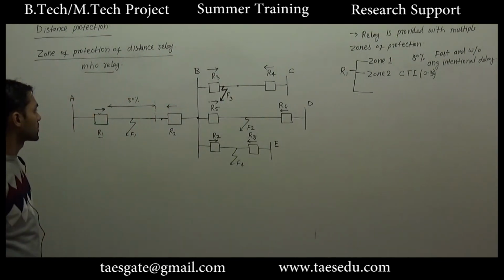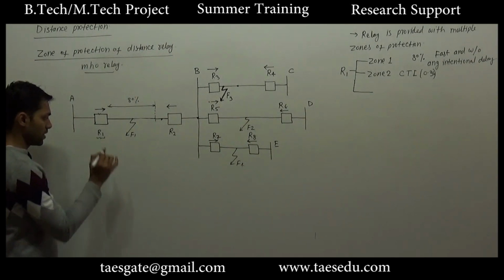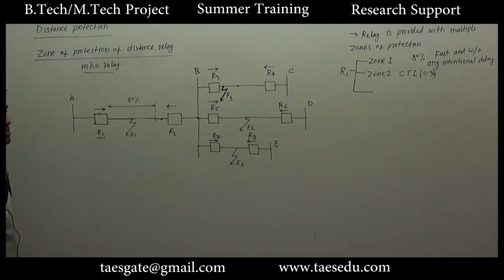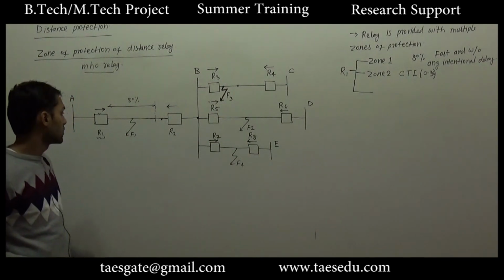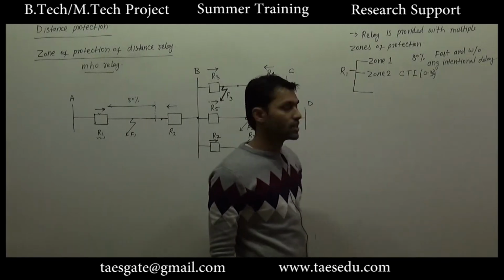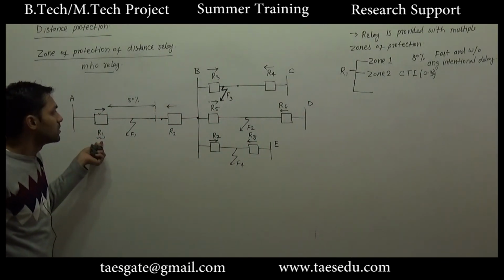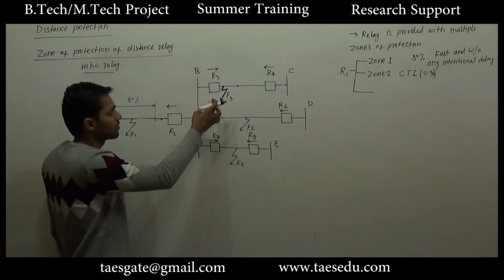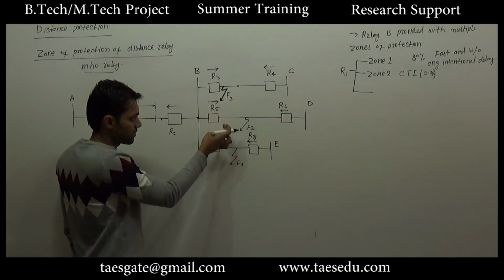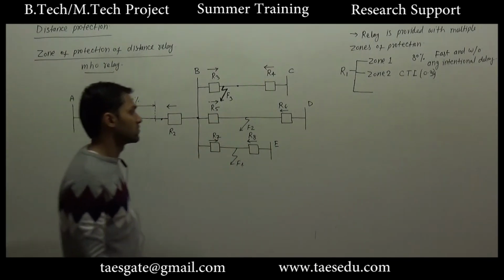The backup protection will be provided by relay 1, and backup protection should always be after a coordination time interval. So zone 2 is already operated after a coordination time interval. So the zone 2 protection of relay 1 will be used for providing backup for R3 as well as for R5 and R7.